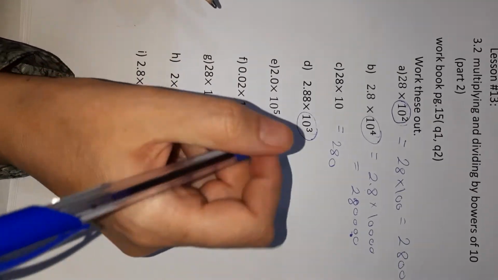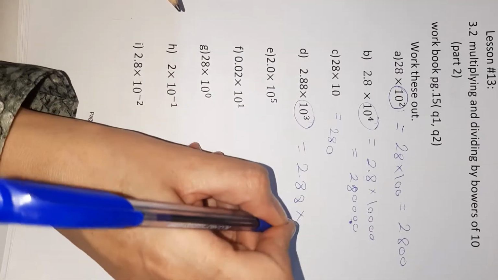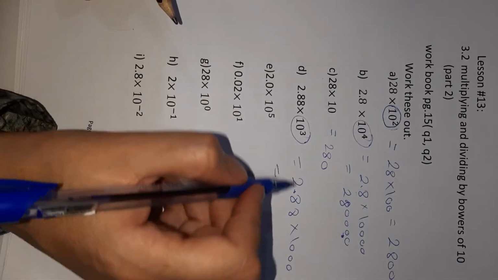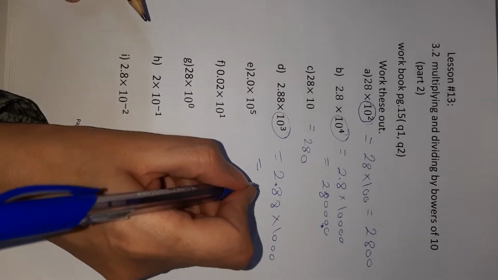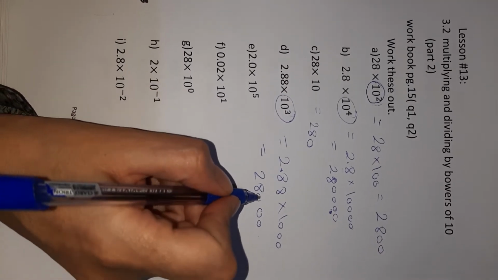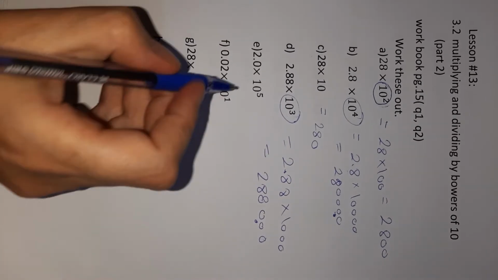Replace 10 cubed by 1,000. 2.88 times 1,000. Here multiply without a decimal point, 288 times 1,000. Now 2 places, 1, 2, the point here.